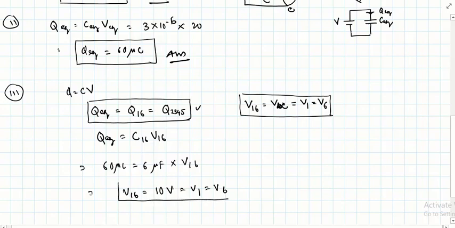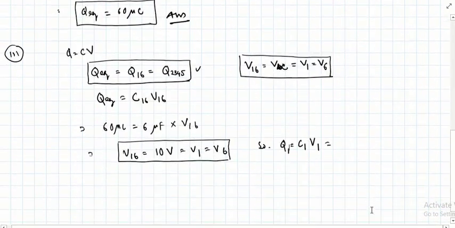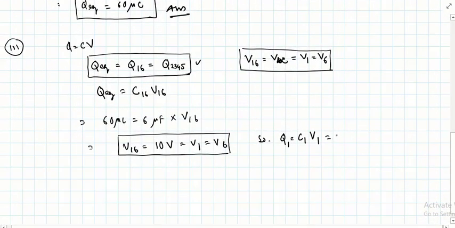I find out the voltage across capacitor 1. Then the charge I can write. So the charge Q1 would be C1 and V1. Sorry, C1 is how much? This is 3 microfarad. Then I can write 3 into 10 to the power minus 6, and V1 is 10 volt.